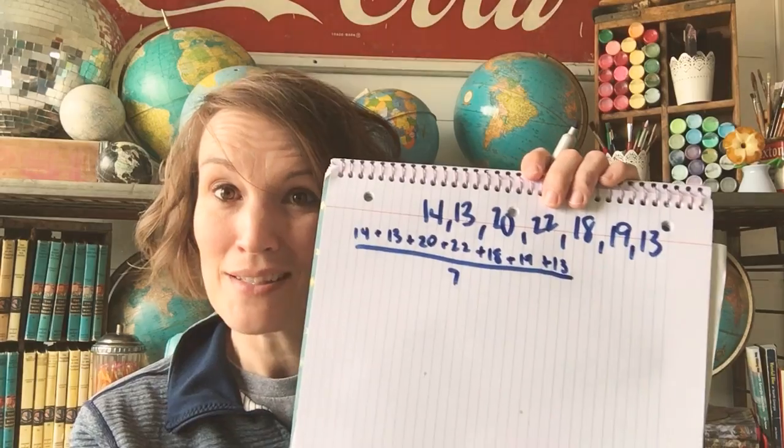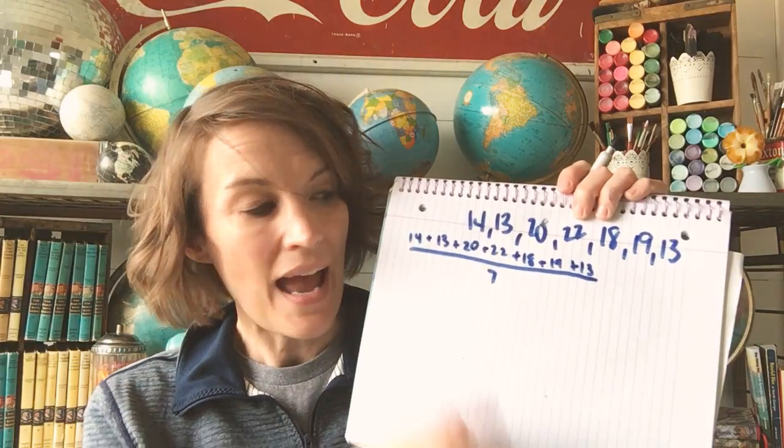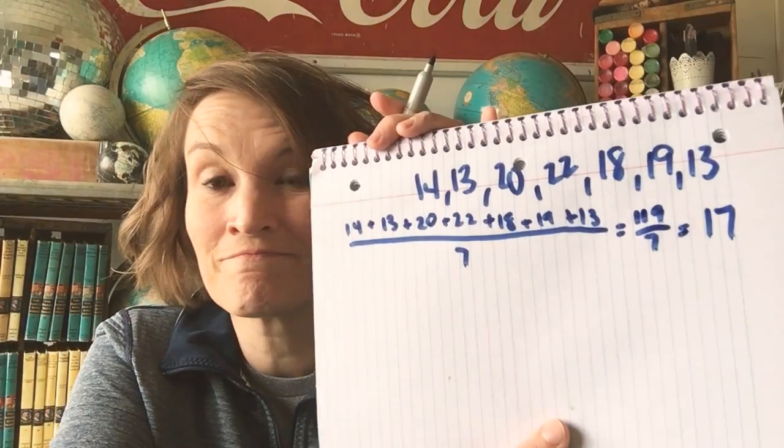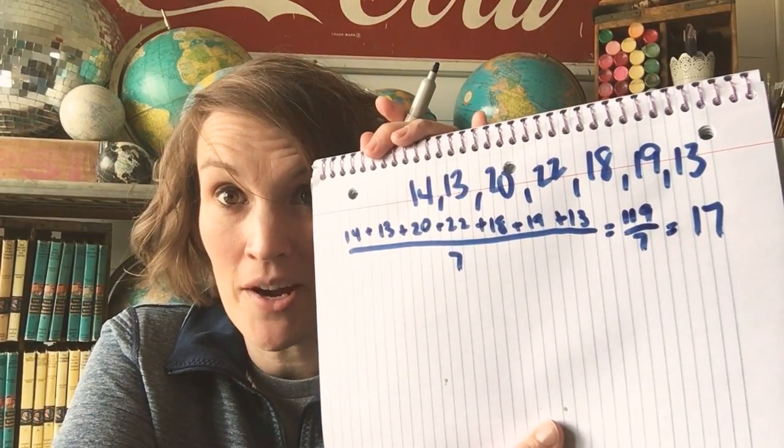And so there are 7 numbers. So that's step 1. When I add all these up, I get 119. And when I divide that by 7, I get 17 as my mean. Okay, with me so far?